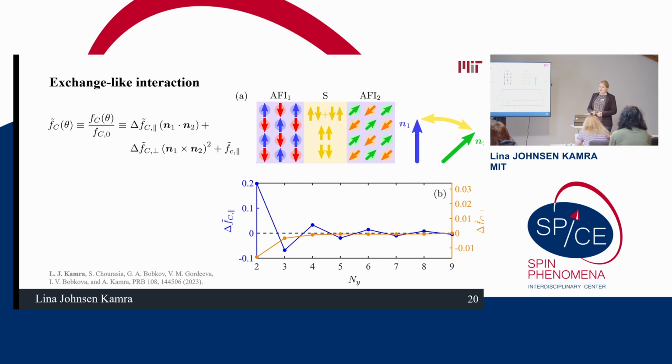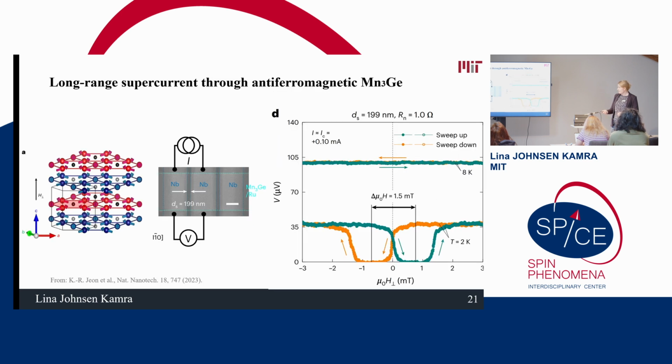And what this actually means is that we now get spin triplet mediated exchange between the two Néel vectors, so that as we go below the critical temperature, the superconductor helps mediate an exchange between the two Néel vectors.